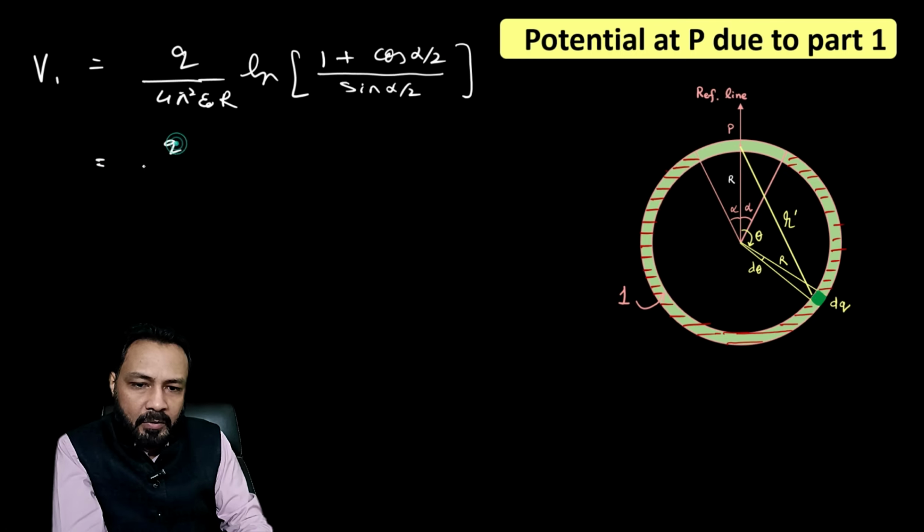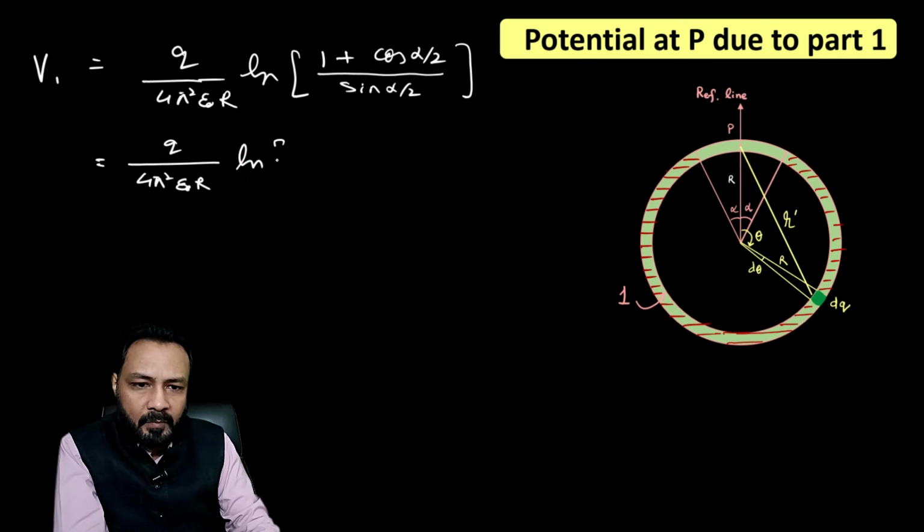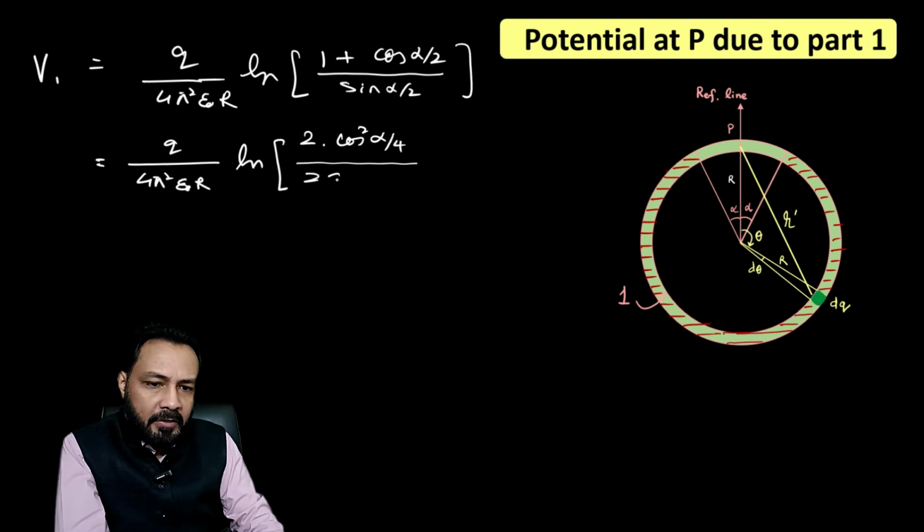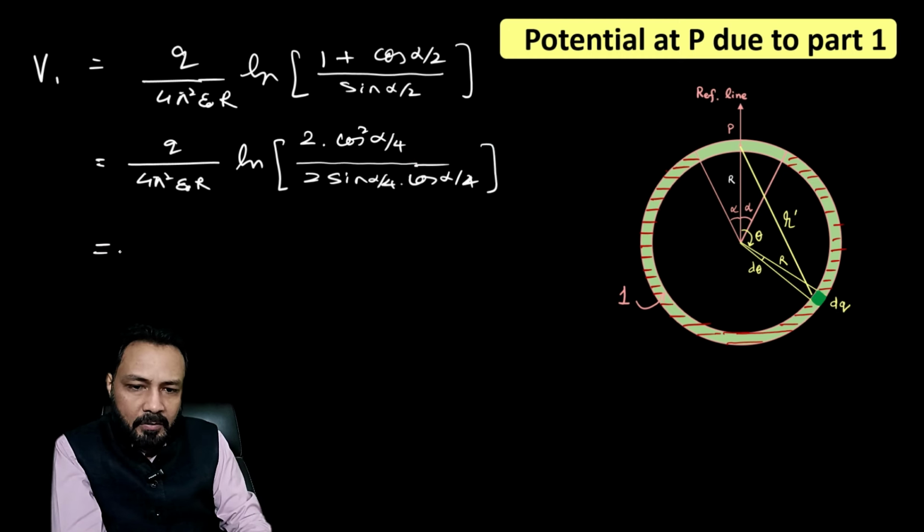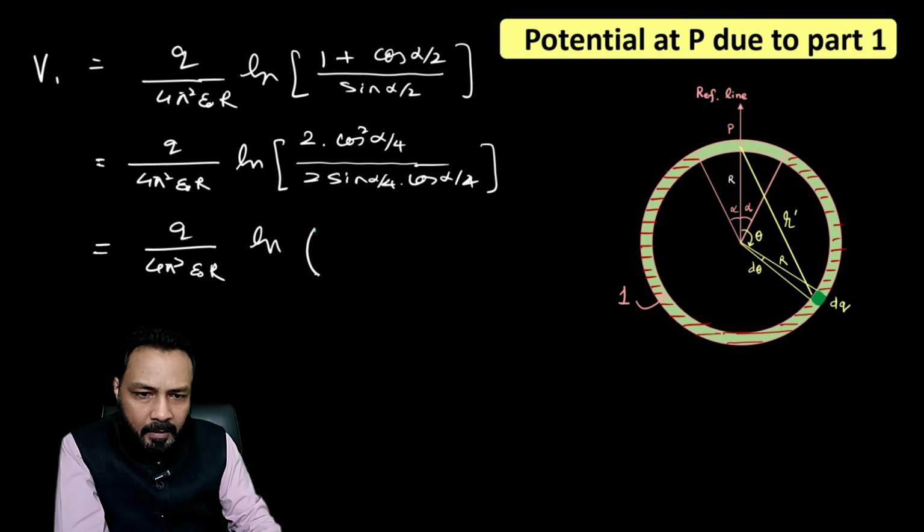So q divided by 4 pi square epsilon naught r ln 2 cos square alpha by 4 divided by 2 sine alpha by 4 into cos alpha by 4, and then this will be reduced to q divided by 4 pi square epsilon naught r ln how much, cot alpha by 4.